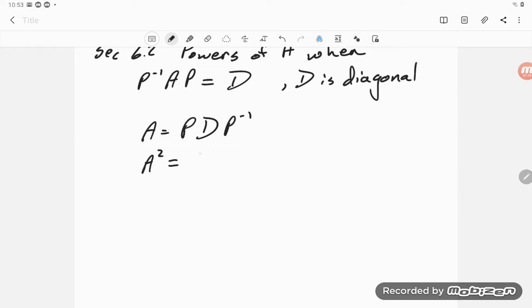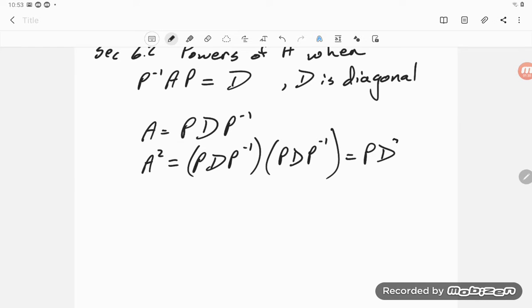A squared is PDP inverse times PDP inverse, and that is PD squared P inverse. And so in general, A to the N is PD to the N P inverse.